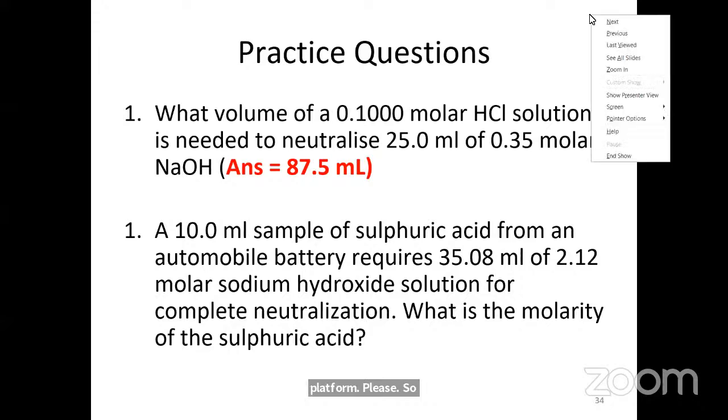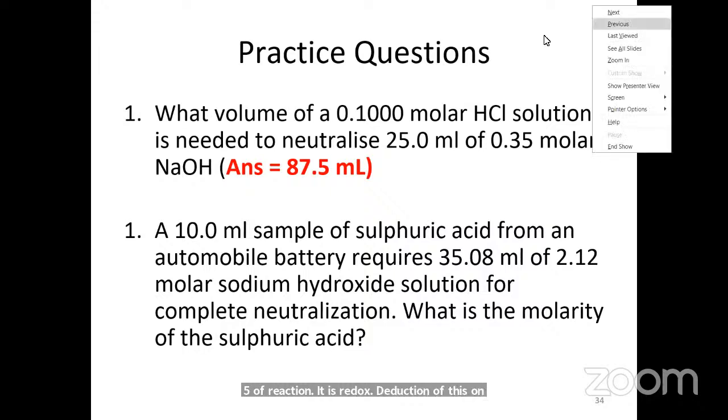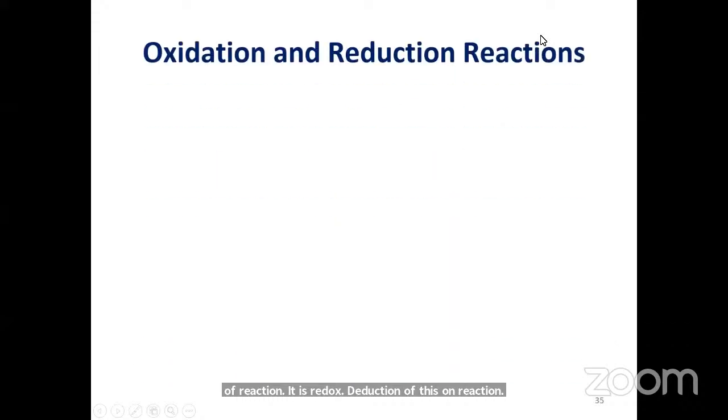So we are moving on to the next type of reaction, which is redox, reduction oxidation reaction. Oxidation and reduction reaction.